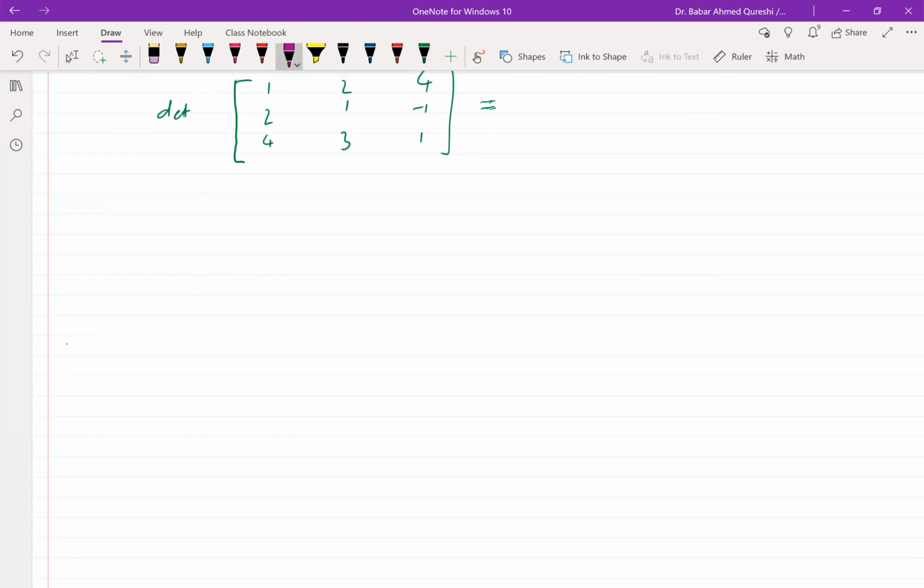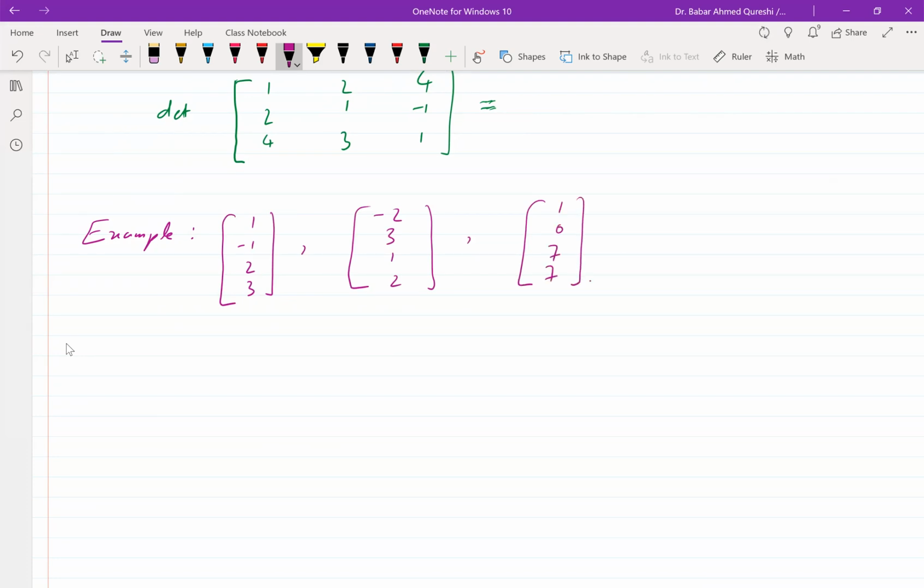Now suppose you are given a different number of vectors than the dimension of Rn. So we are in R4, the vector space is R4, but you are only given three vectors. So then you cannot use the determinant.